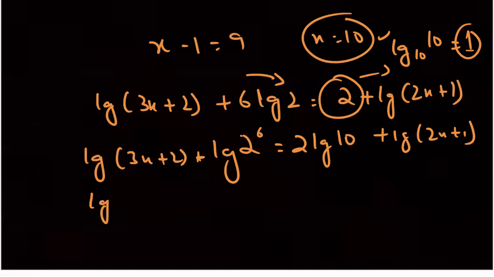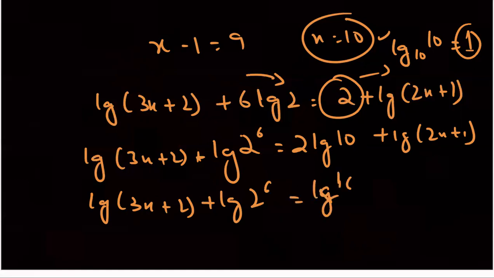So now log(3x plus 2) plus log 2 power 6 is equal to log 10 power 2 plus log(2x plus 1). Now the sign of addition is here, right?